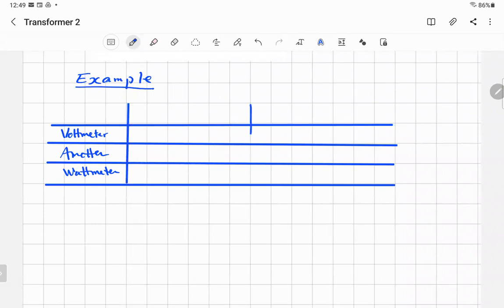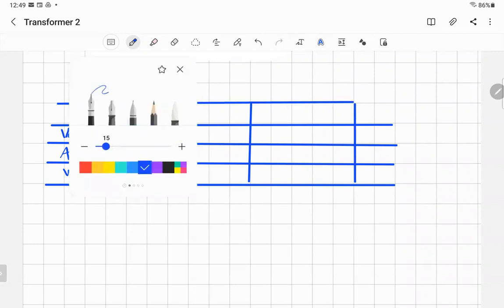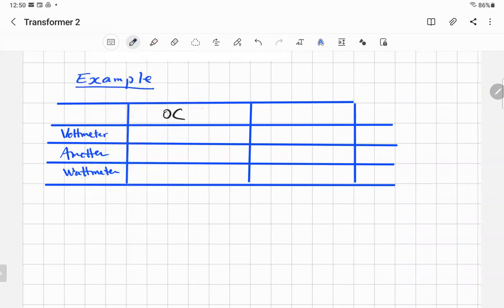You've got two scenarios: the open circuit test and the short circuit test. Sometimes we call the open circuit test the no load test.